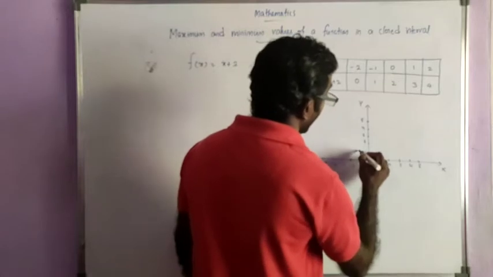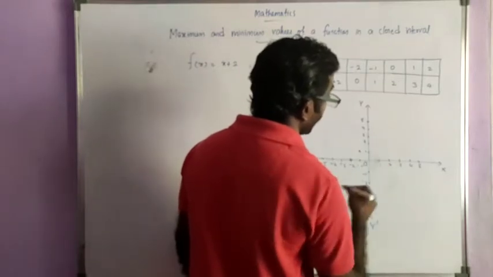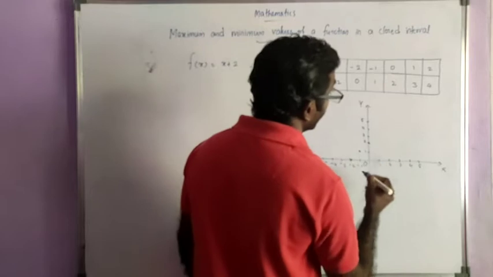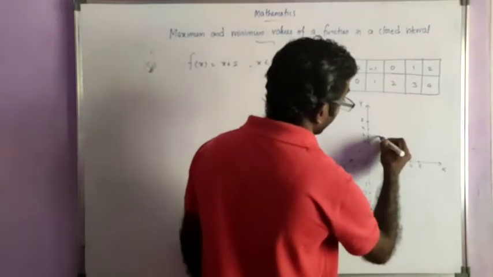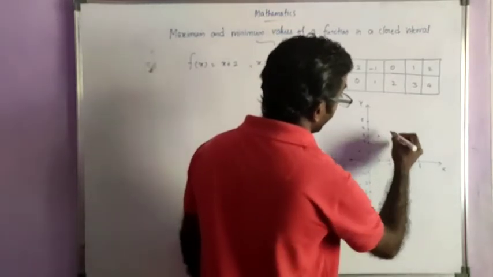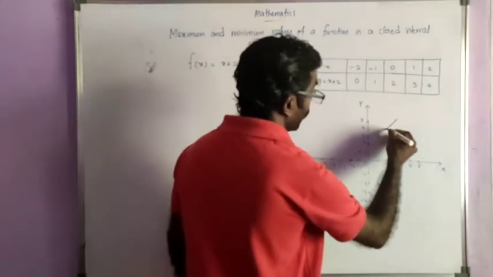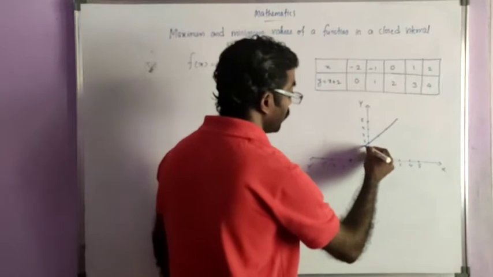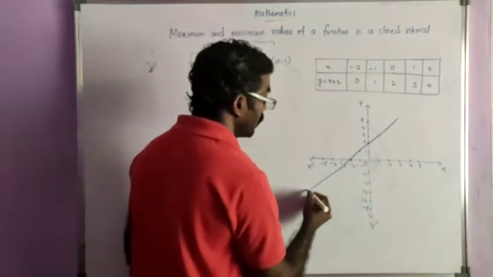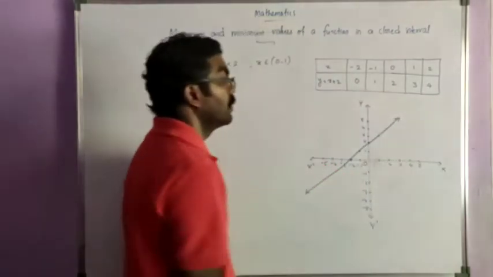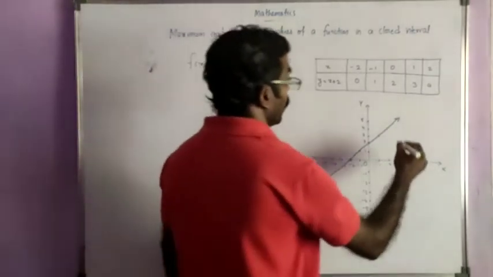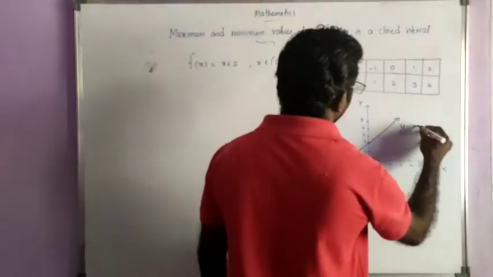Here minus 1, 1. Here we can mark the points 0, 2, then 1, 3, 2, 4. Okay, and so on. We get a linear graph. Okay, this is y is equal to x plus 2.